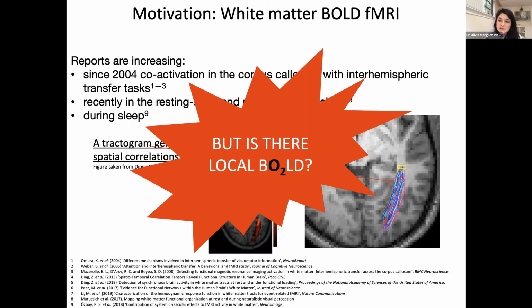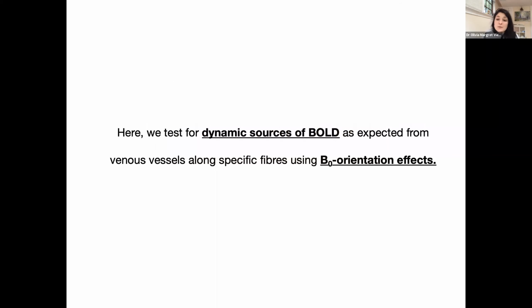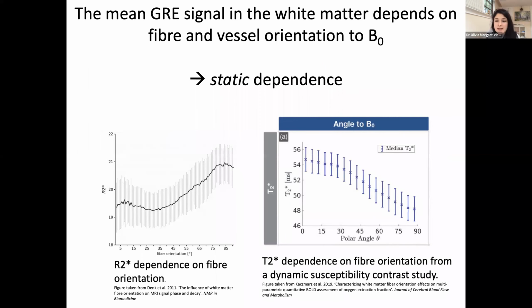White matter metabolism is not oxidative, as gray matter metabolism is. And also remember that synapse density is about 80% lower in the white matter. So it's okay to be cautious about white matter BOLD, I think. Here we test for dynamic sources of BOLD, as expected from venous vessels along specific fibers, using orientation effects. And let me explain how we do this.